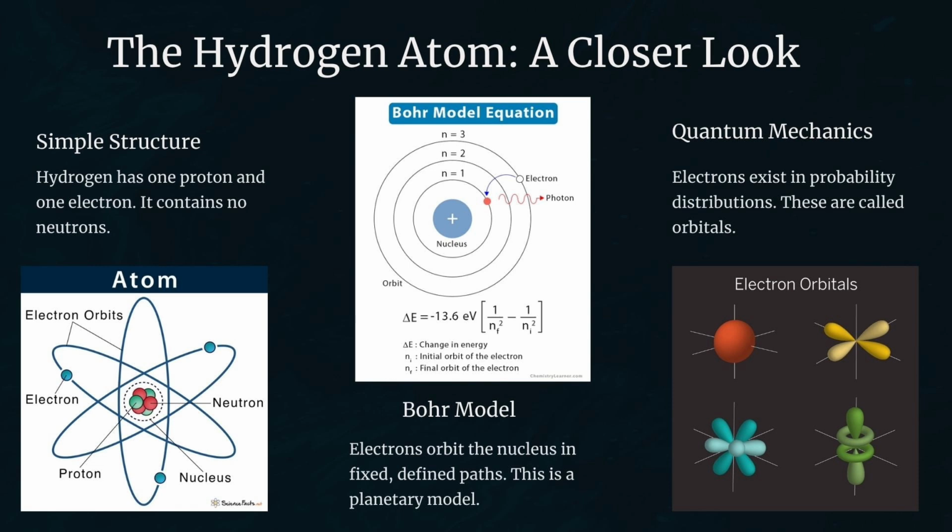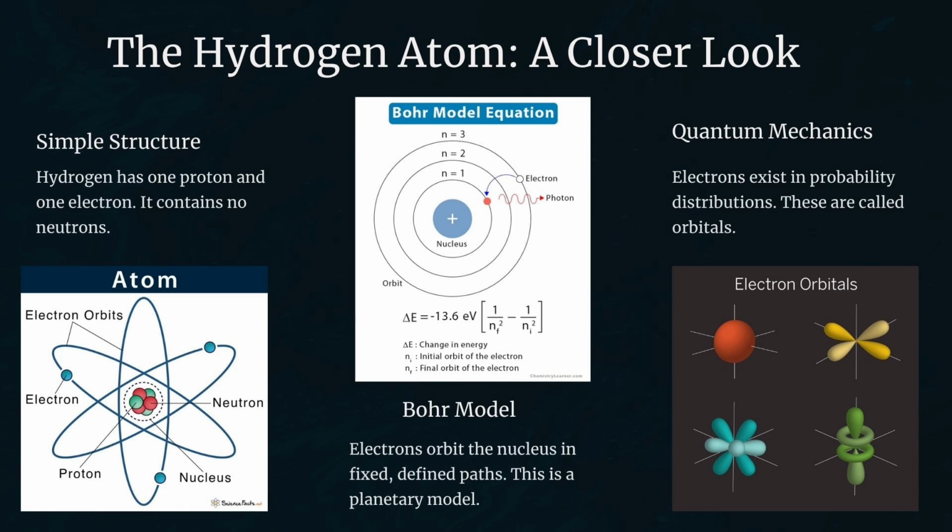In this simple diagram illustrating the atom's components, we have the nucleus containing the proton and the electron orbiting it. Early models like the Bohr model depicted electrons orbiting the nucleus in fixed, defined paths, much like planets orbiting the sun. This is a planetary model.